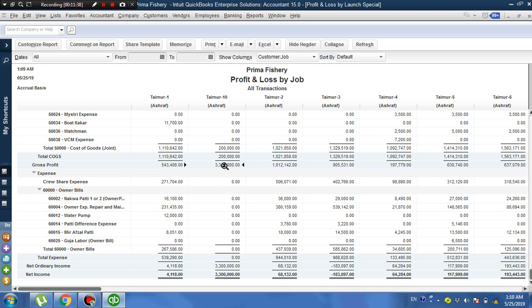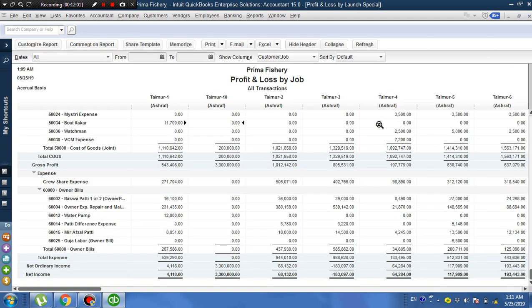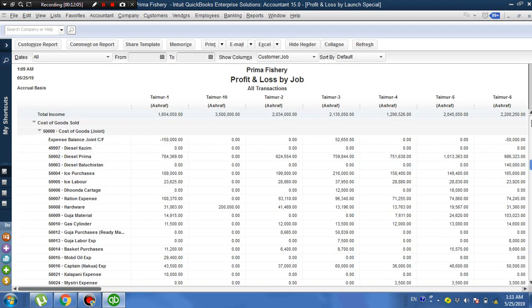We have to divide this profit by 2, and then the crew share expense we have to book here, and the rest of the profit then remains here for the owner. So this crew share side is also the company expense, but we have to divide by 2 after deduction of this necessary cost from this. So I hope you guys understand this, and we'll see this in more detail.